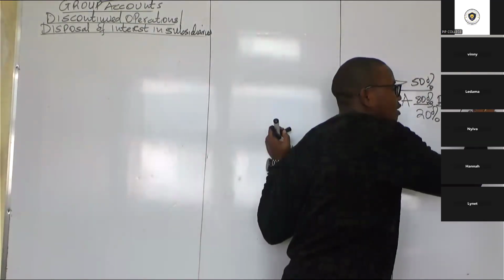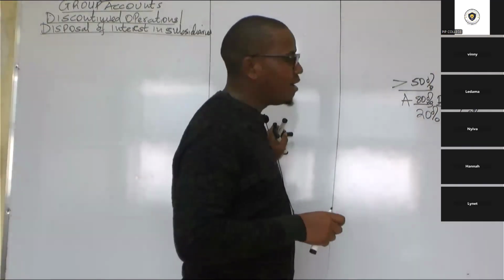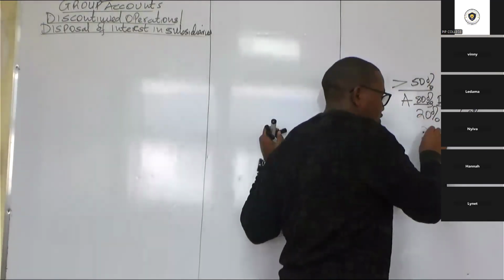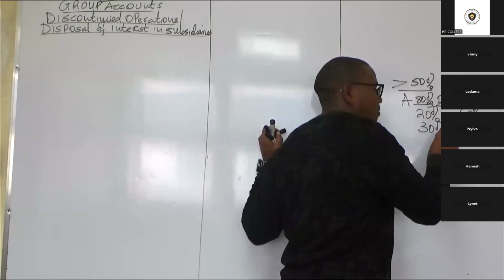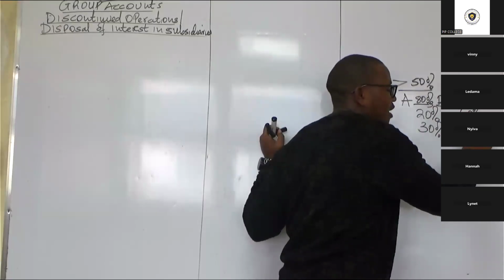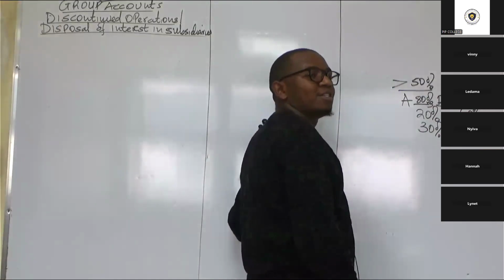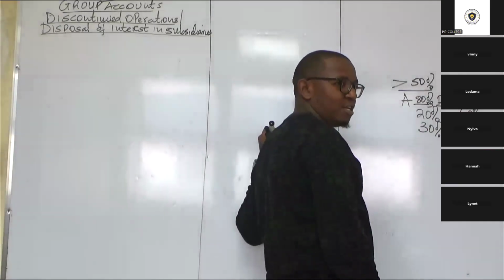So he is disposing and still maintaining it as a subsidiary, or he may dispose of 30%. If he disposes 30%, it will now be 50%, and we know 50% is an investment in associates.